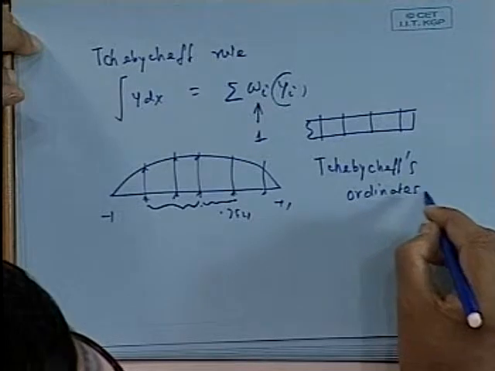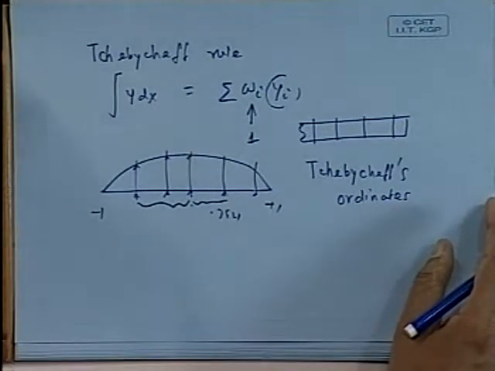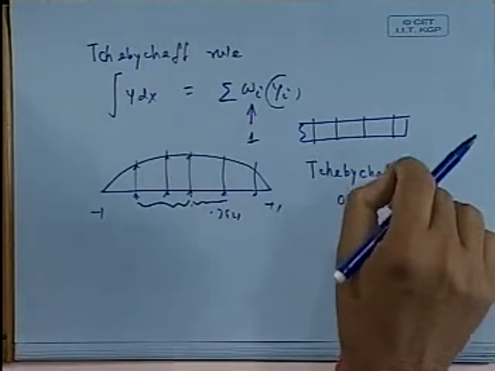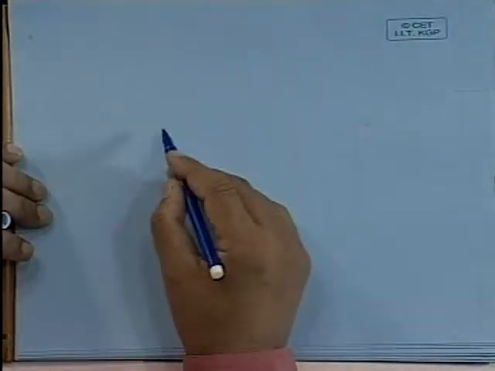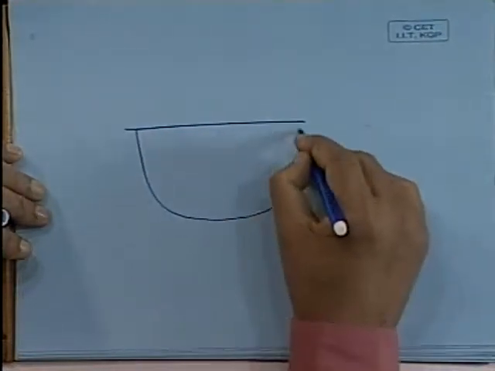ordinates. So what happens is that in using the integrator, if you could draw the stations at the Chebyshev's ordinates, that means you have here a typical number of stations done.